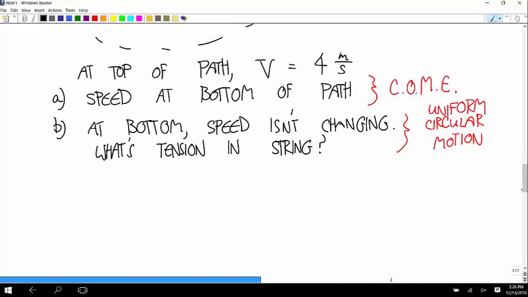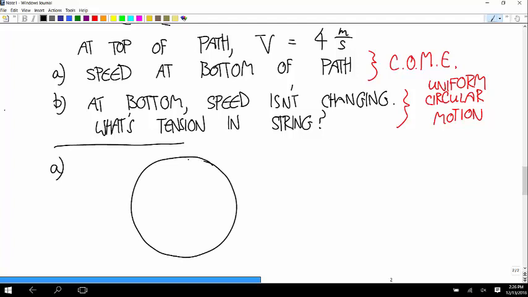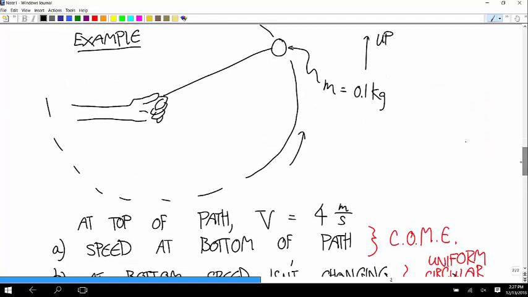Okay, so first, for part A, that's the path. We know that up here the speed is 4 meters per second. Oh, and I need to give a length of this string too.